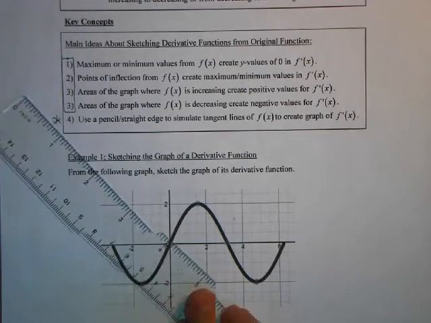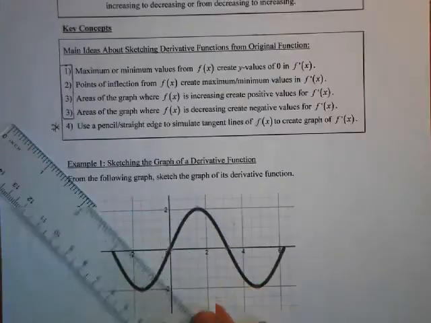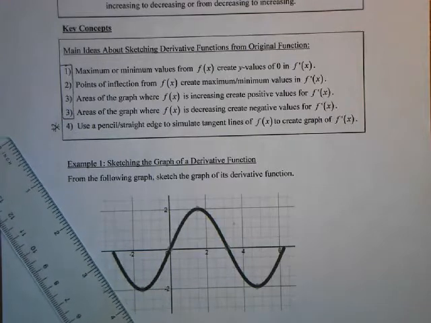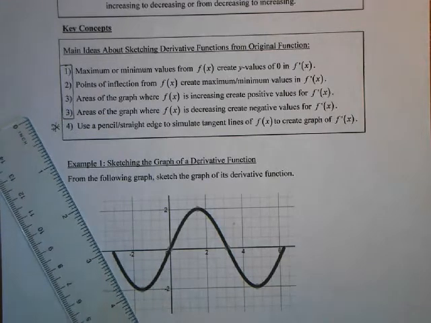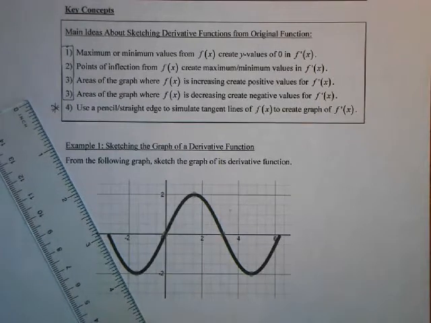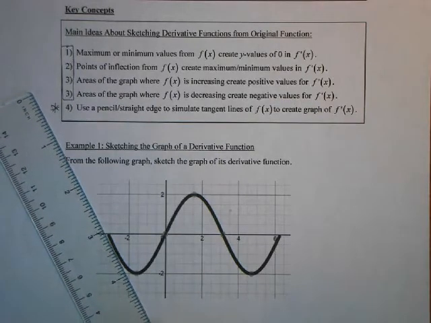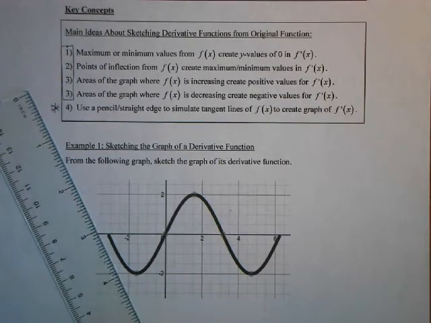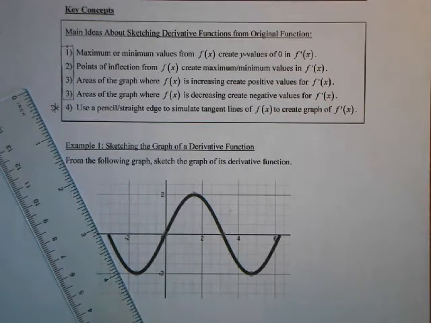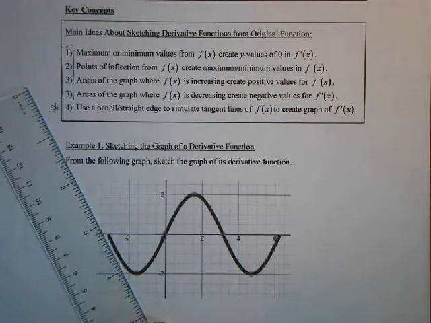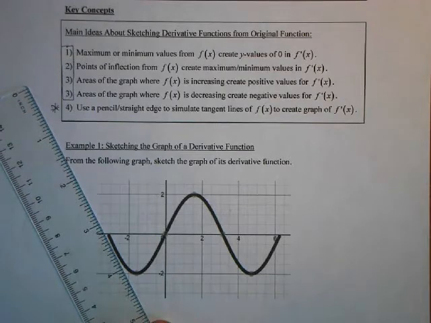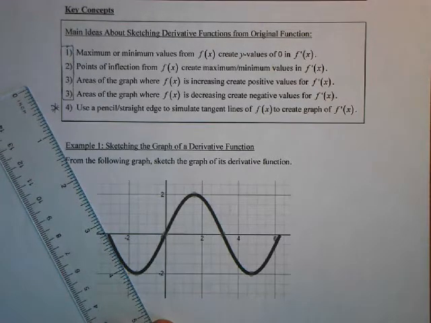So I have my handy see-through transparent ruler here. You could use this or a pencil or anything straight to determine what point you're going to be graphing to illustrate what the derivative of this function is at a given point.